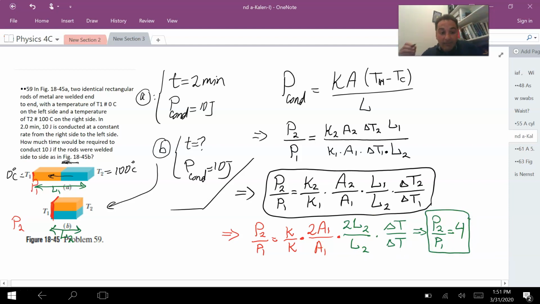So the rate of conduction, P2 becomes 4 P1. Oh, yes. In picture B, learn it, please.